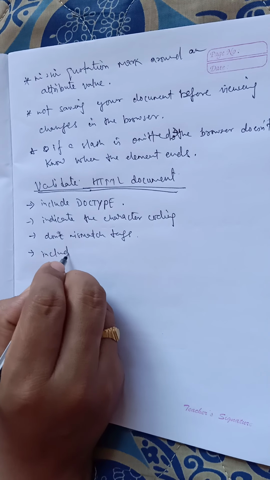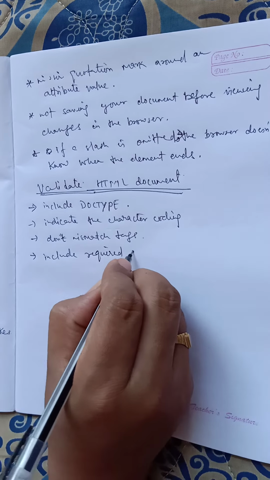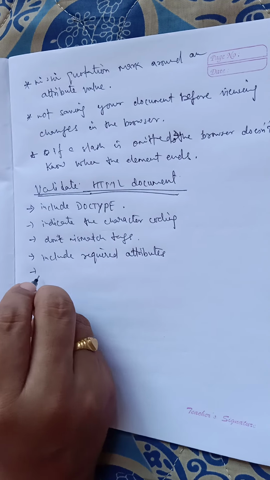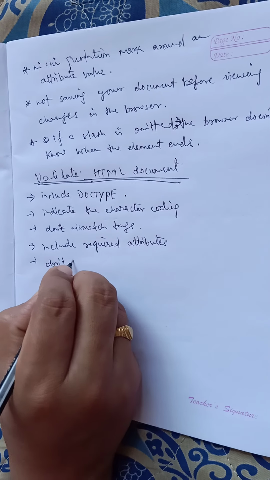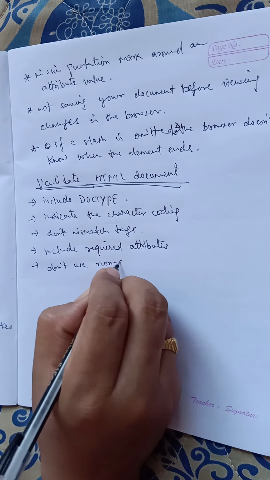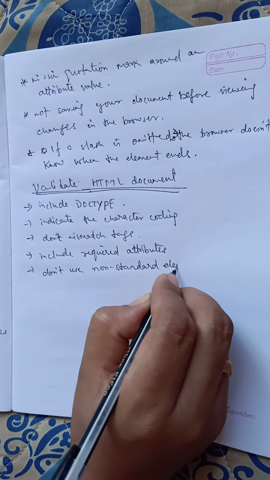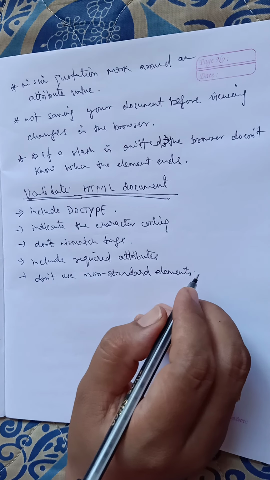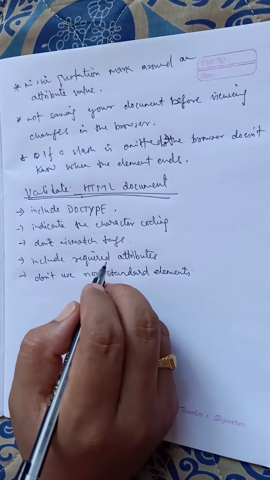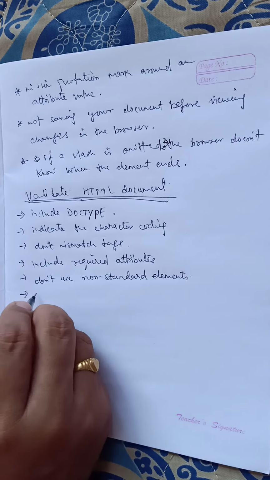Then we should include the required attributes and we should not use non-standard elements. These should not be used. So these are the points for how we can validate our HTML document.